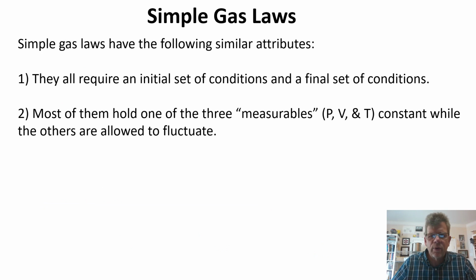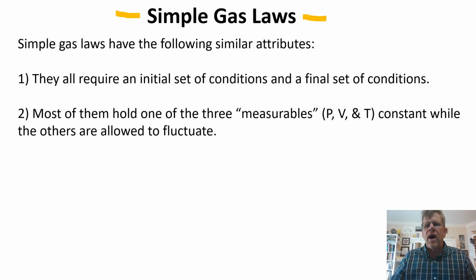So having gone through some descriptive terminology with respect to gases, now we enter into the more calculational bent, and that's going to follow us through the rest of this chapter. We're going to introduce what are called simple gas laws.